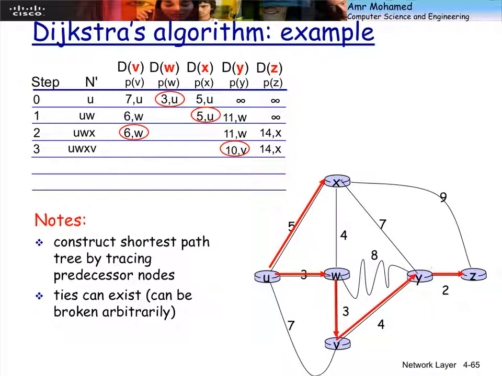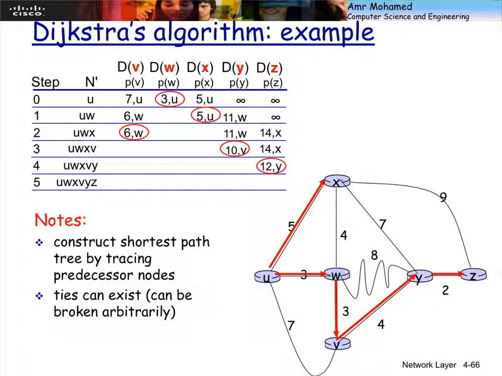When we calculate the cost through V, we find that 3 plus 3 plus 4, so it's 10. So 10 is less than 11. So now we have enhanced the cost for Y. And now Y is minimum, so we can add Y to N dash.